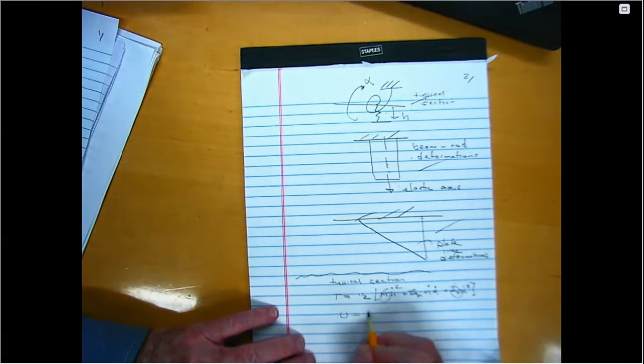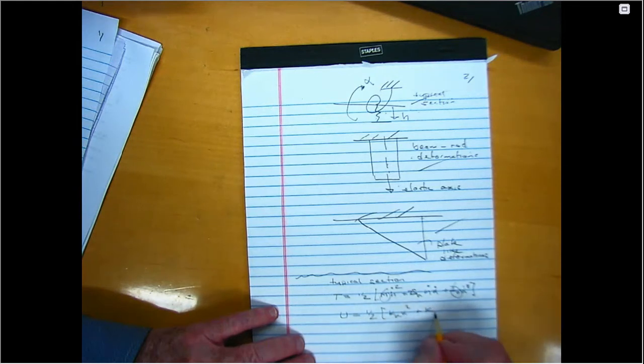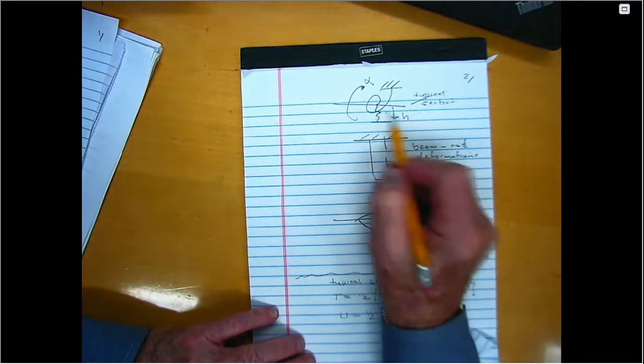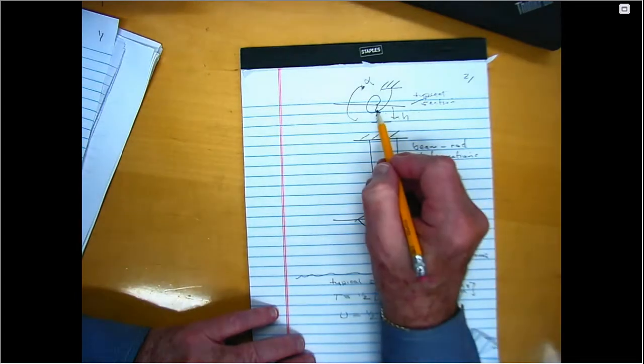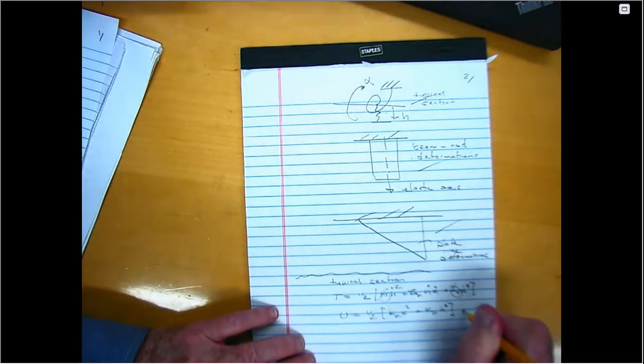And the potential energy is 1/2 K alpha alpha squared plus 1/2 K h h squared. One reason we choose h and alpha to be associated with the elastic axis is because it simplifies our writing of the potential energy.